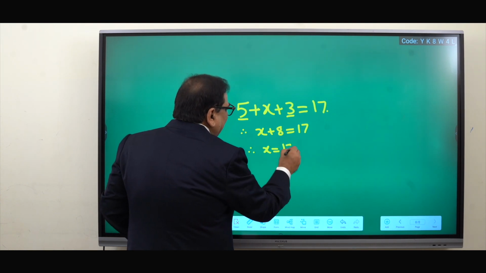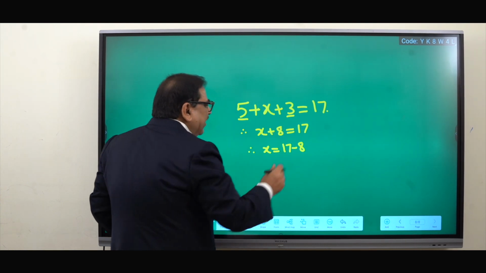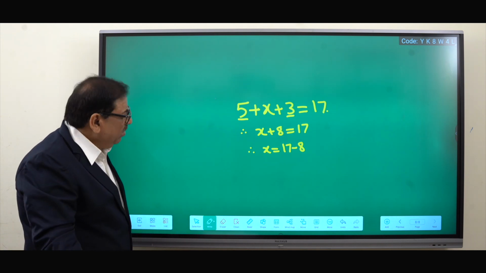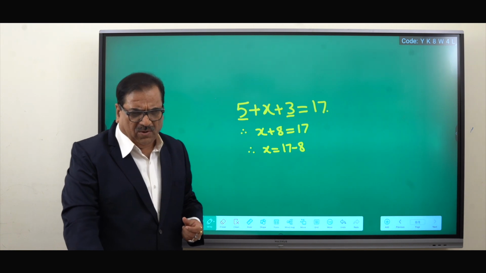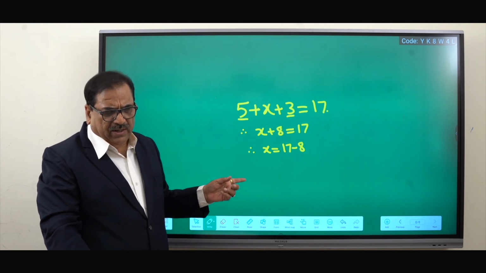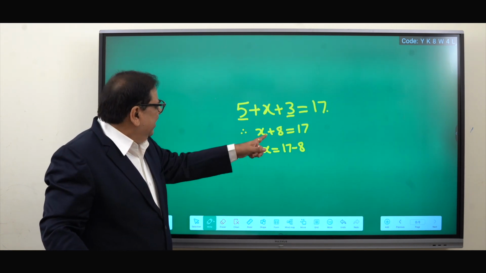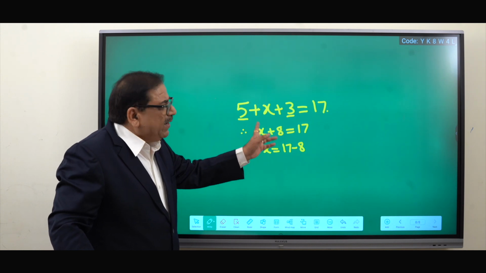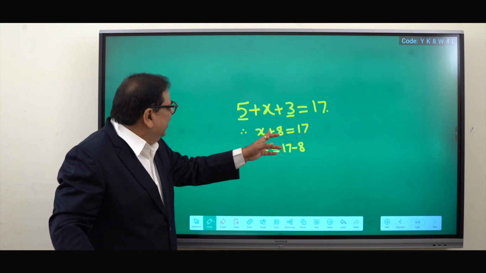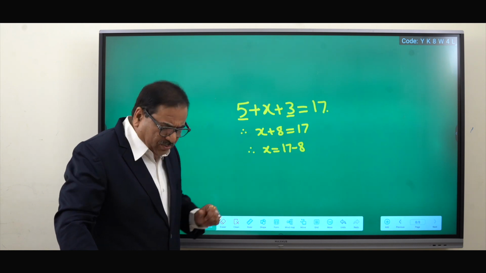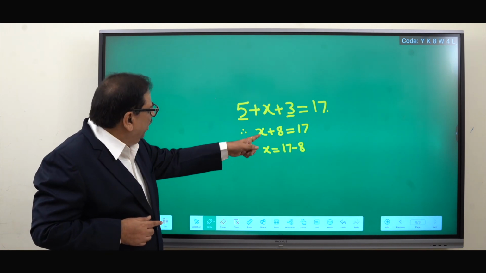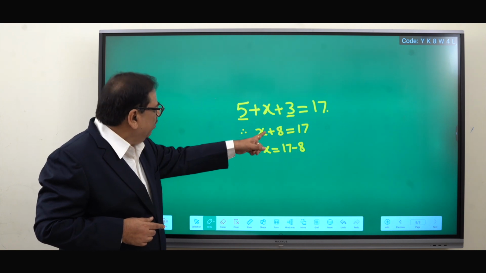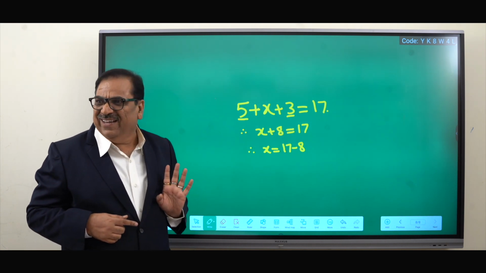70 minus 8. Look here, when we say this 8 is changed to the other side of the equation, therefore its sign is changed. Say 8 is brought from left hand side to right hand side and therefore its sign, that is plus, is changed into minus. You can say like that, but the real operation is we have subtracted 8 from here and 8 from here.